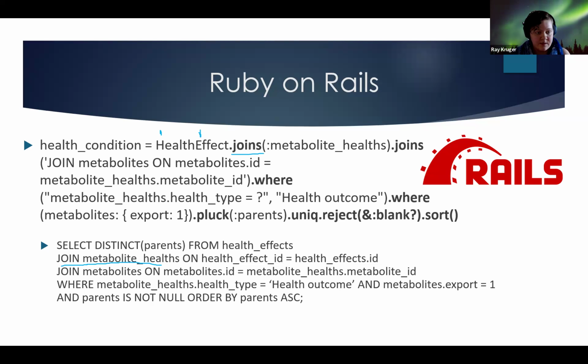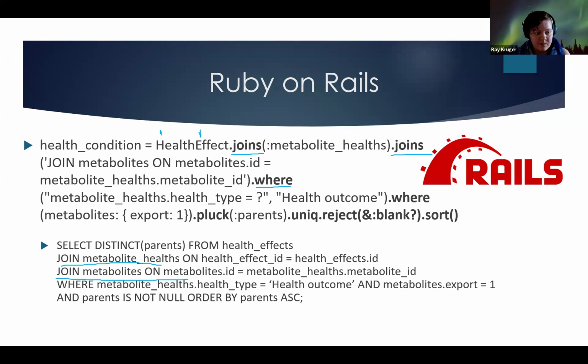And that's what that is telling Ruby on Rails to do, is do that join. And in this case, you can see that instead of just specifying a table, I went in and wrote the query out, which is always an option in Ruby on Rails in the parentheses.